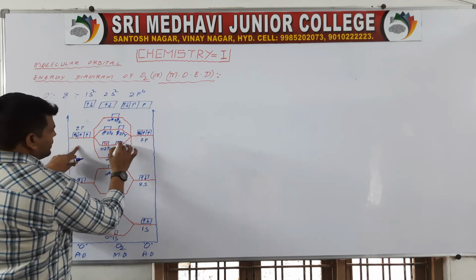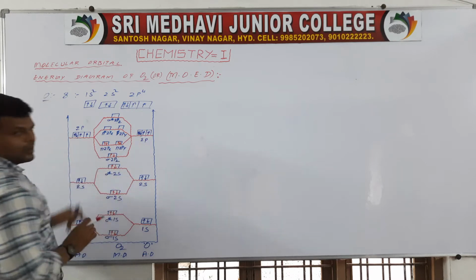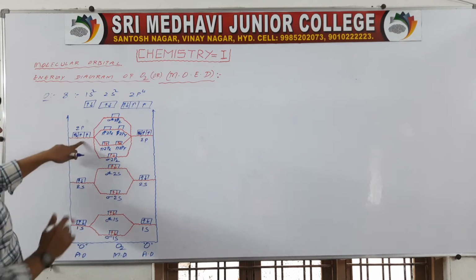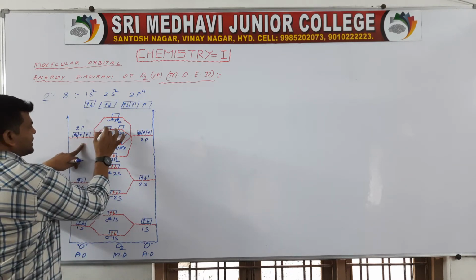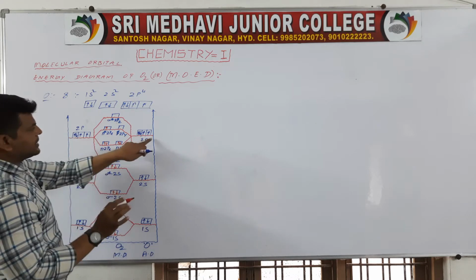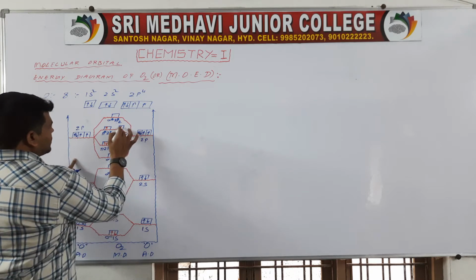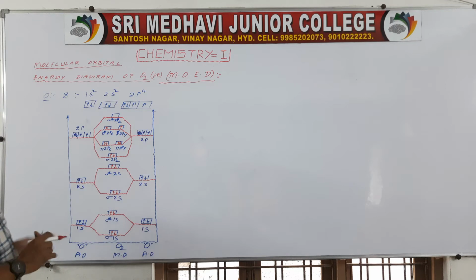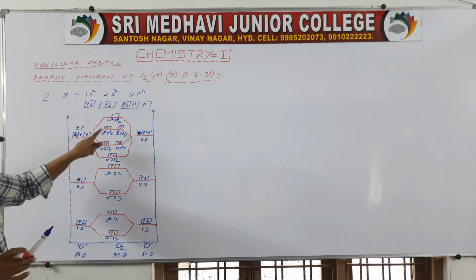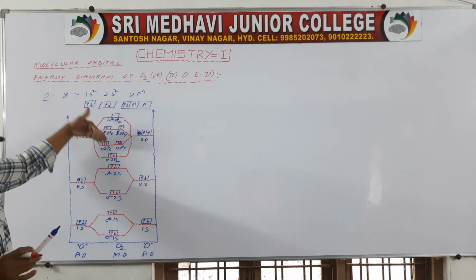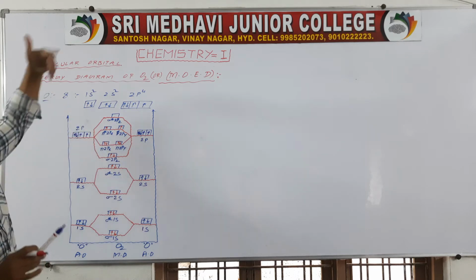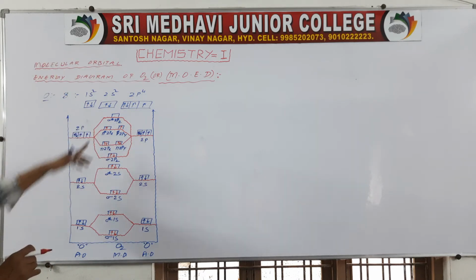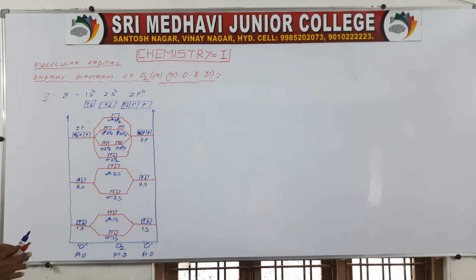Then the first electron enters into pi star 2py. It will not pair. So degenerate orbitals are filled with at least one electron, then pairing takes place.